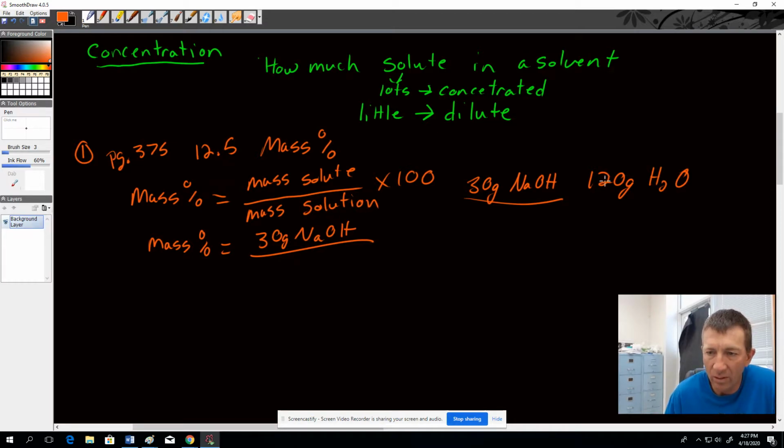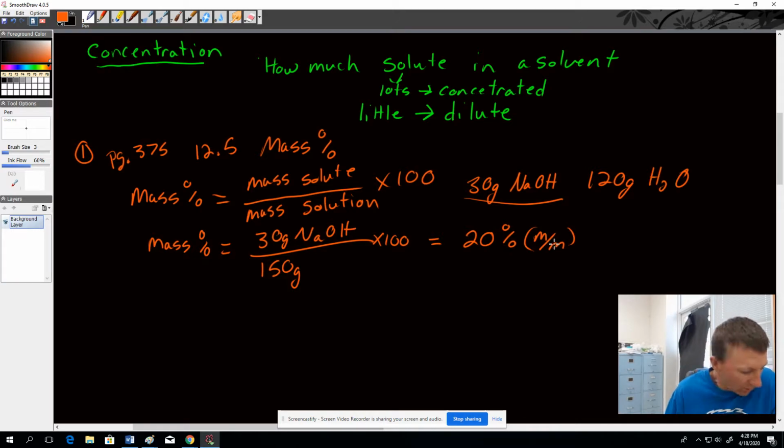So 120 plus 30 gives us 150 grams of solution. Then 30 divided by 150 times 100 equals 20%. That's mass by mass: mass of solute divided by mass of solution.